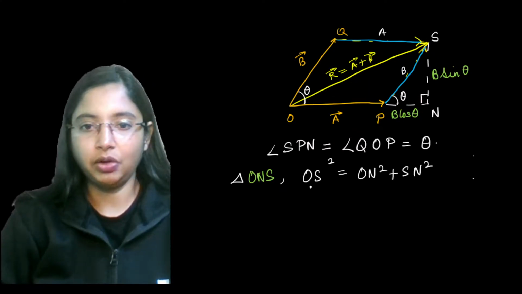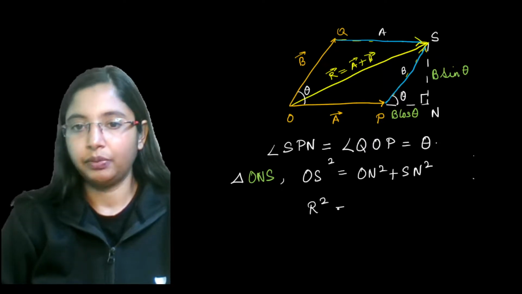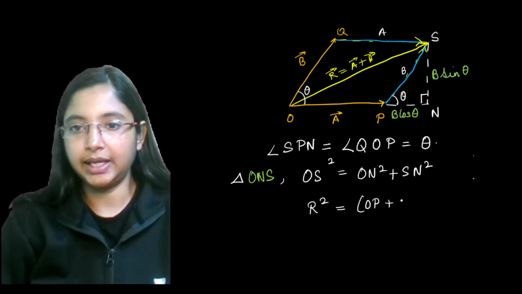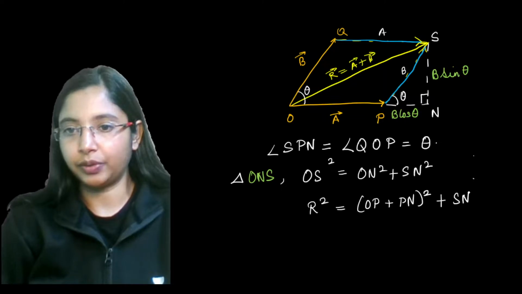So from here, OS square, which we know is R square, will be equal to ON square. ON square is nothing but OP plus PN, the whole square, plus SN square.